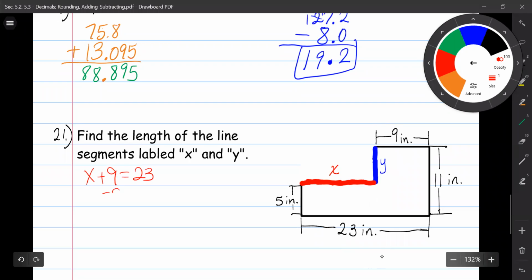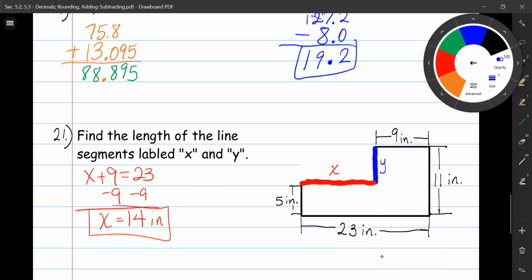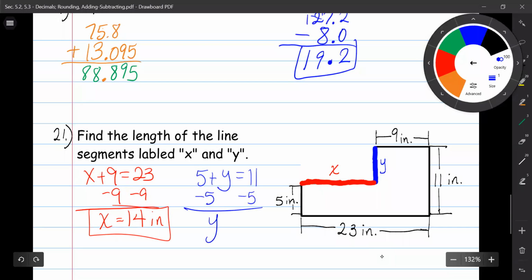And then just subtract 9 from both sides. So X equals 14 inches. And then for Y, we could say that 5 plus Y is equal to 11. And then just subtract 5 from both sides to get Y equals 6 inches.